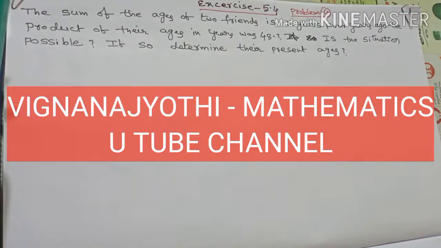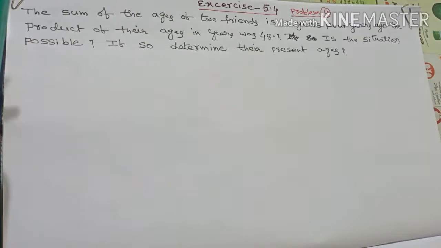Today I am here with you to explain one of the applications of quadratic equations for 10th class. So here the problem is in exercise 5.4, problem number 4. If you go through the problem, it is like this.